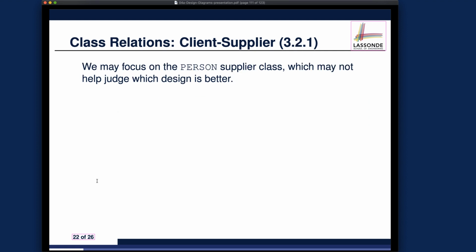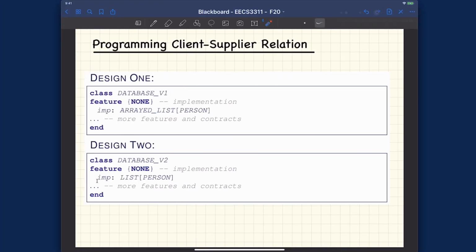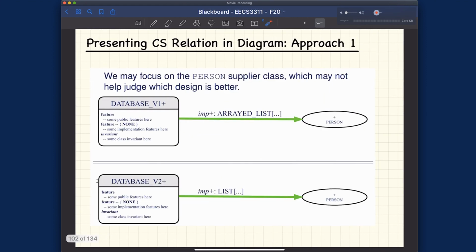So again, if you show the design diagram where you simply focus on the person supplier class, in that case it may not be so obvious which design is actually more appropriate. Let's take a look. Okay, so now let's say this is the first version of the diagram.